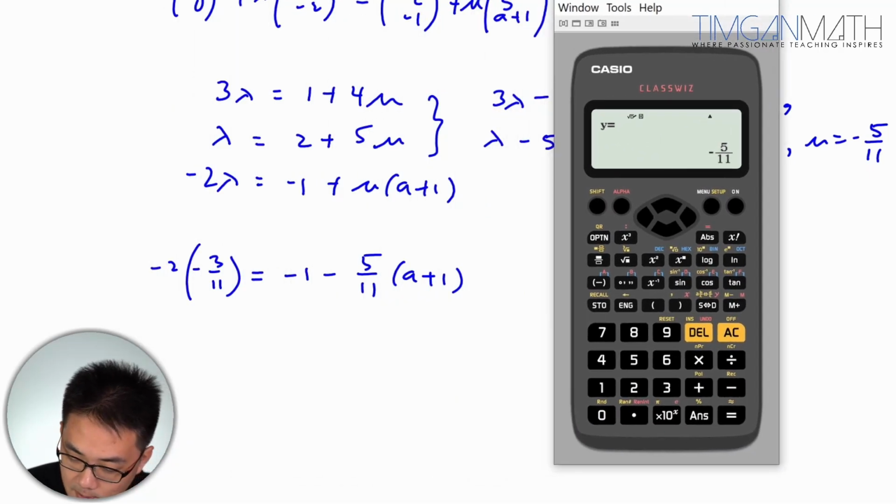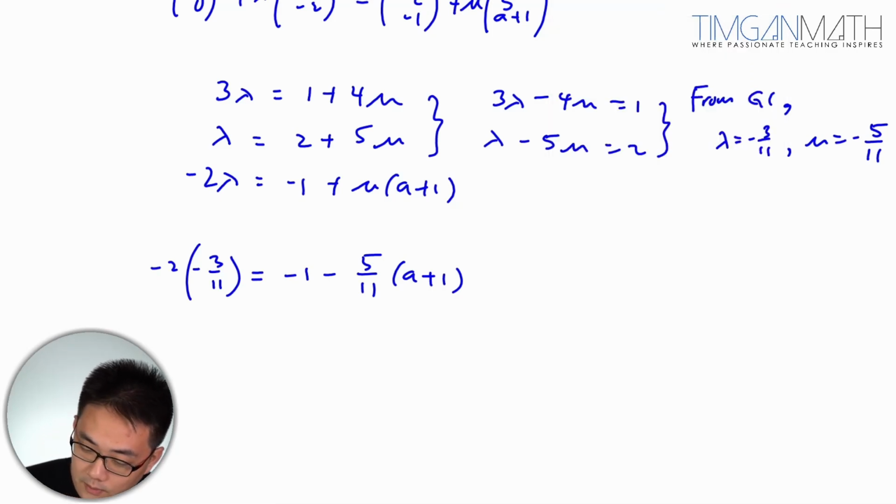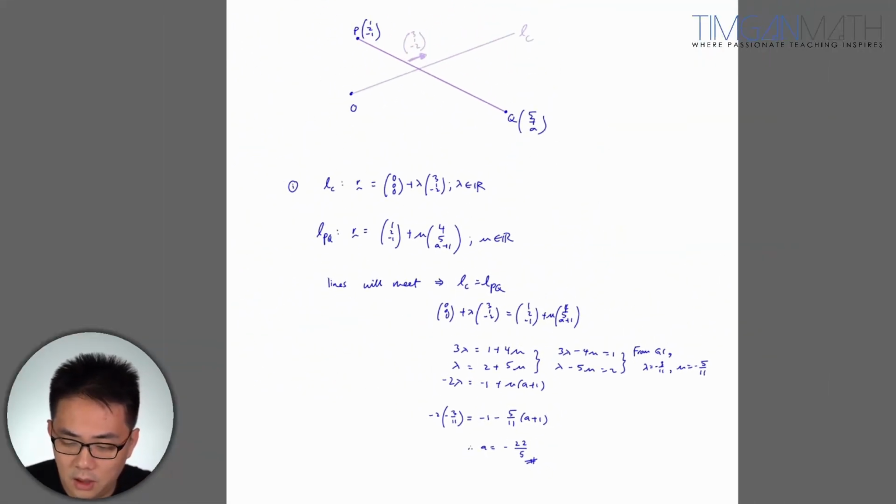What I'll get is 6 over 11 plus 1, and multiply with negative 11 over 5, and minus 1, giving minus 22 over 5. Okay, so A equals minus 22/5. So this is how you do this part proficiently. I think it's pretty okay.